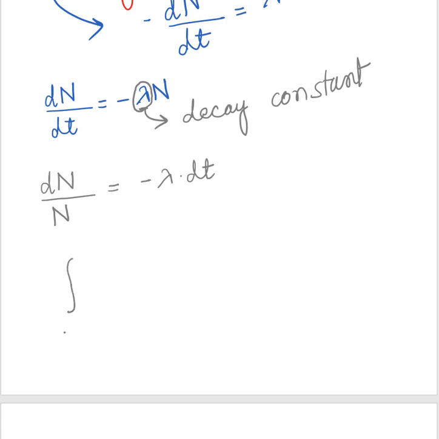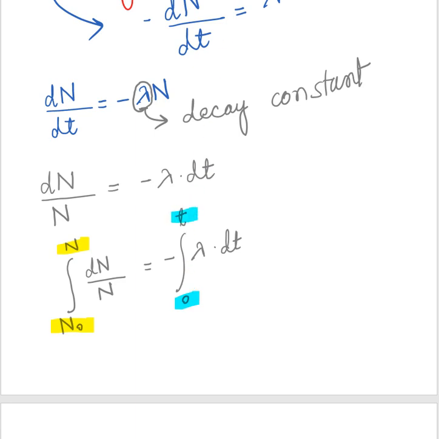Integrating it from n naught to n, dn upon n equals minus, from t equal to 0 to t equal to t, lambda dt. Here one thing we have to note is the lower limit and the upper limit of time.